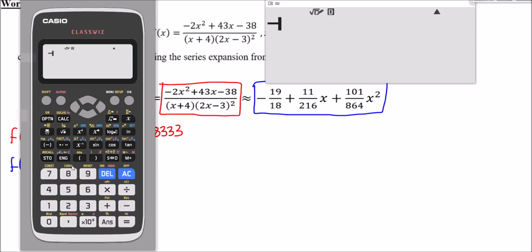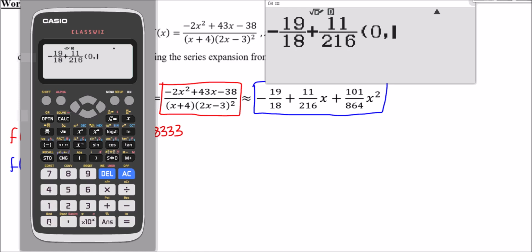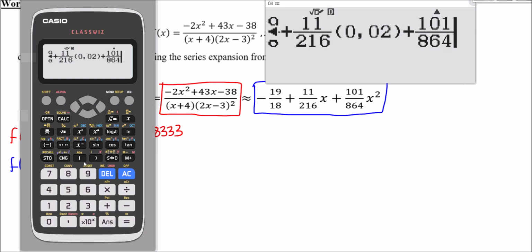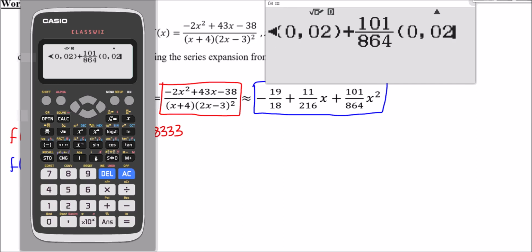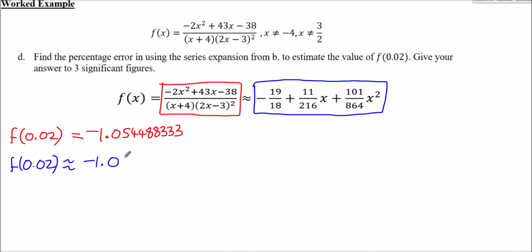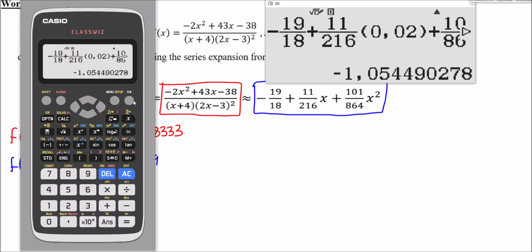So we're going to have minus 19 over 18 plus 11 over 216 lots of 0.02 plus 101 over 864 lots of 0.02 all squared. And for that we get minus 1.05449 and 0.278.